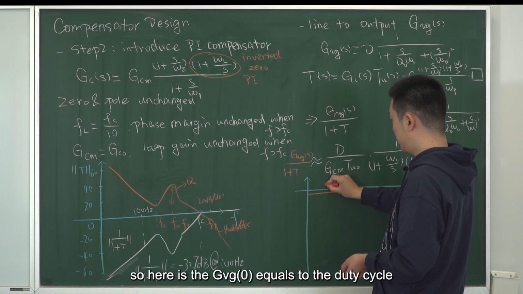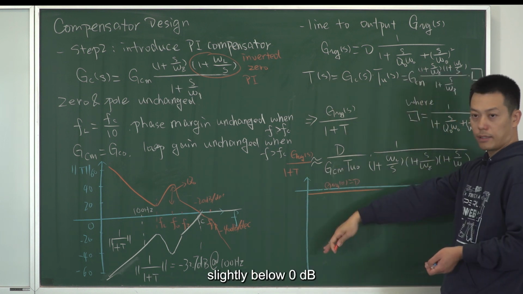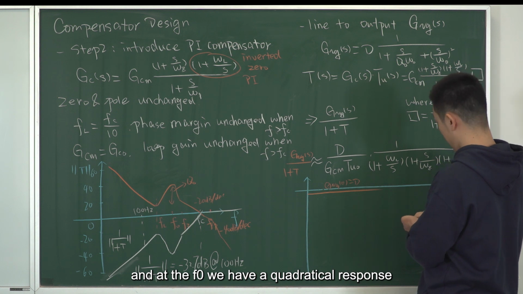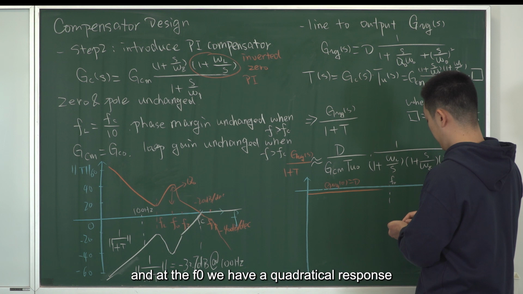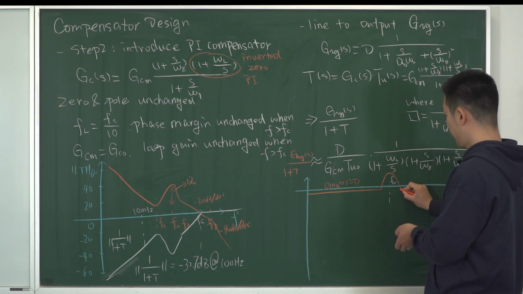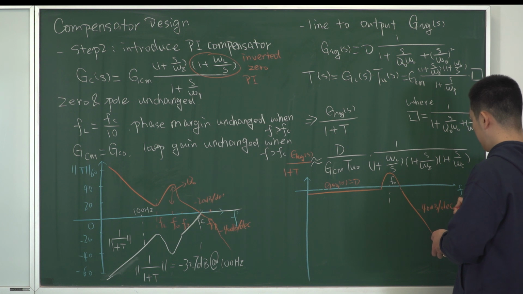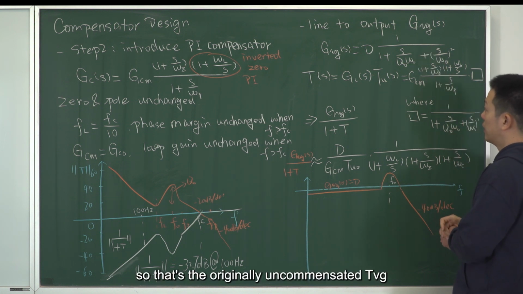So here Gvg0 equals the duty cycle, slightly below 0 dB. And at f0, we have a quadratic pole response, then it drops by minus 40 dB per decade. So that's the originally uncompensated Gvg.